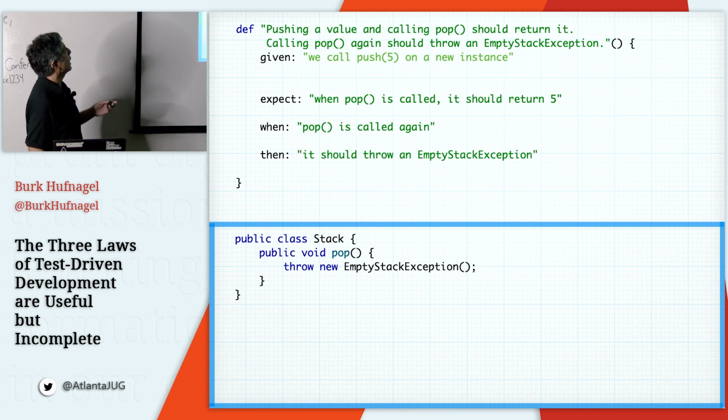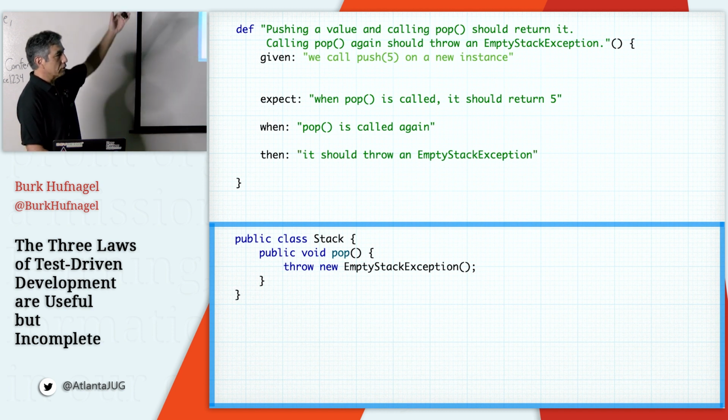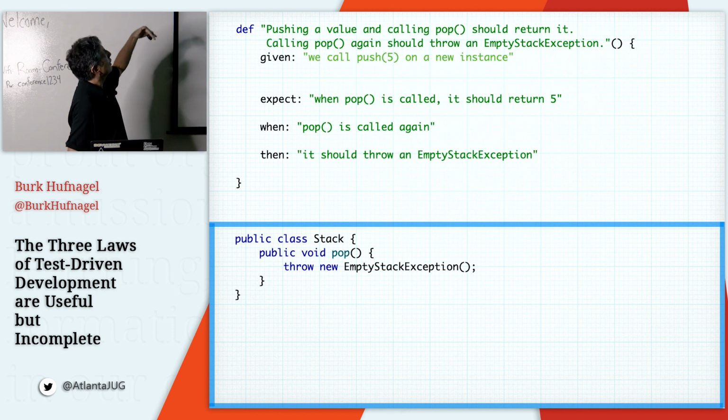And then there's an and block, and an and block just extends whatever the block previously was. So if you said given this and you call push into for an instance and it's Tuesday or whatever, it's all still part of the given block essentially. If you do that with a when or a then, that's all that.